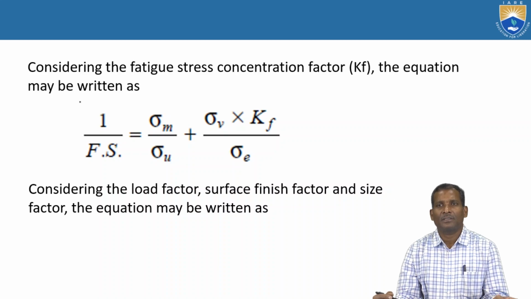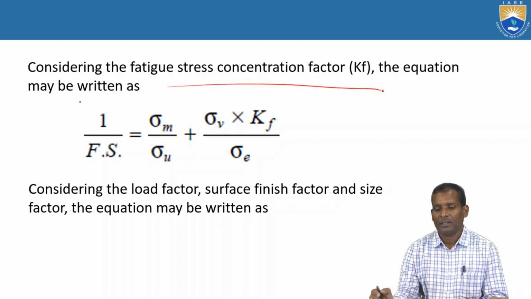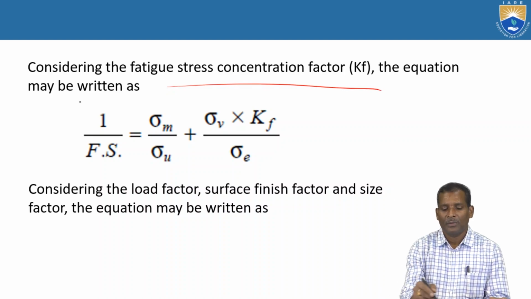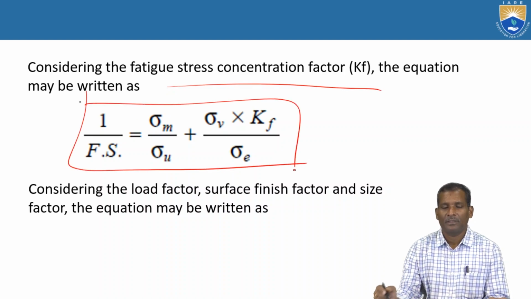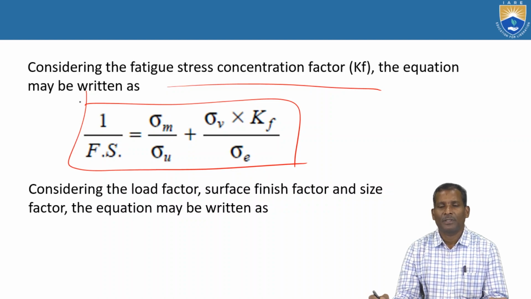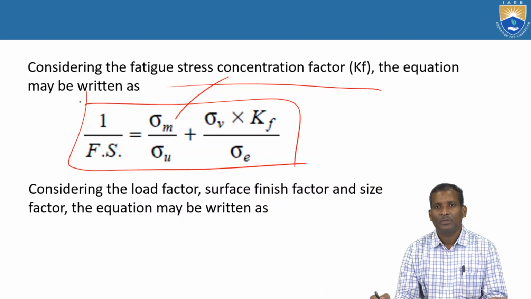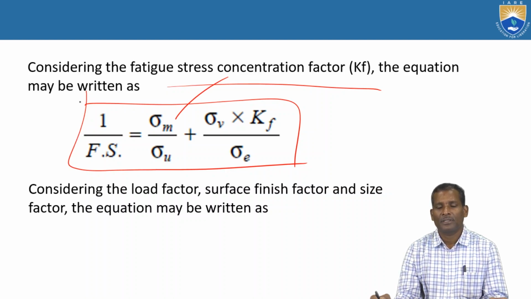Considering the fatigue stress concentration factor, here also suppose you are considering the fatigue stress concentration factor, Kf. The equation may be written like this: 1 by factor of safety is equal to sigma m by sigma u plus variable stress multiplied with Kf upon sigma e.